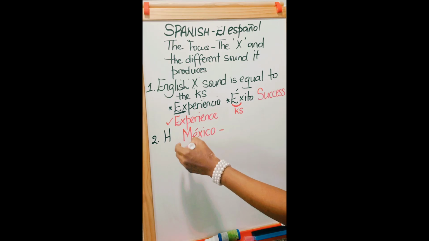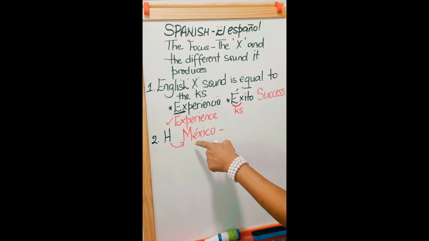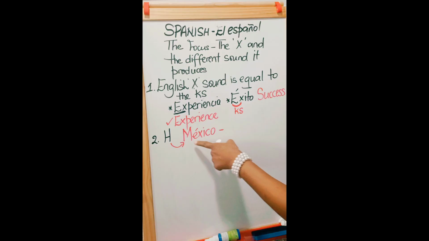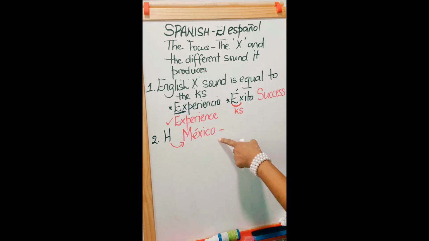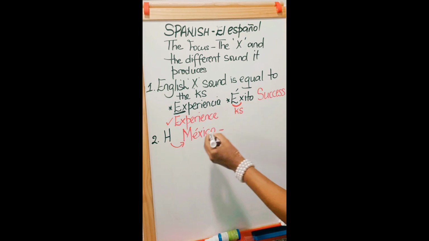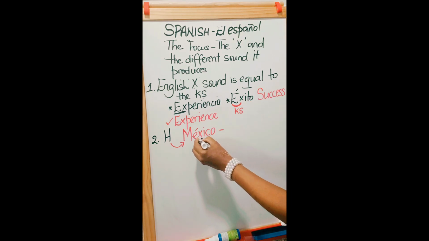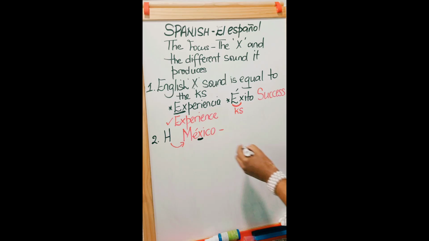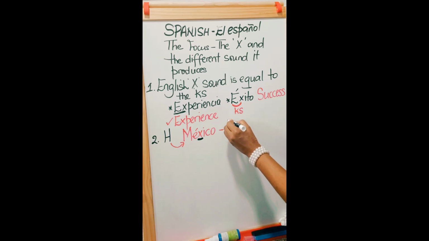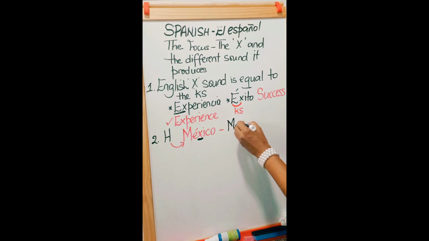So the H sound is found in la palabra, ¿sí? Encontrado en la palabra México, which means Mexico. So this is the X, sounds like an H sound, or a J sound. So we all know what this means. It means Mexico. Bear with me, we have two more left and I won't be long.